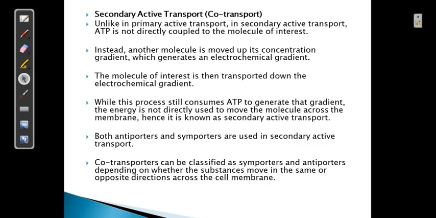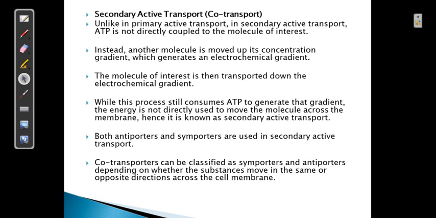If we look into secondary active transport, there is a slight difference compared to primary active transport. In secondary active transport, ATP is not directly coupled to the molecule of interest. Instead, another molecule, like sodium, is moved up its concentration gradient. It will generate the electrochemical gradient.